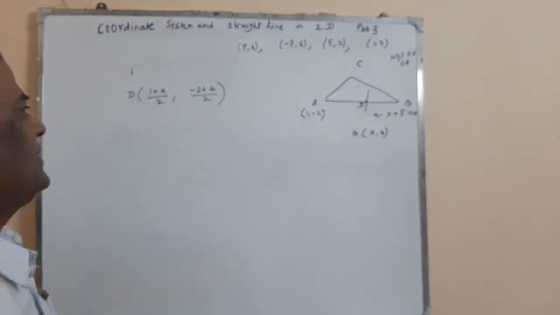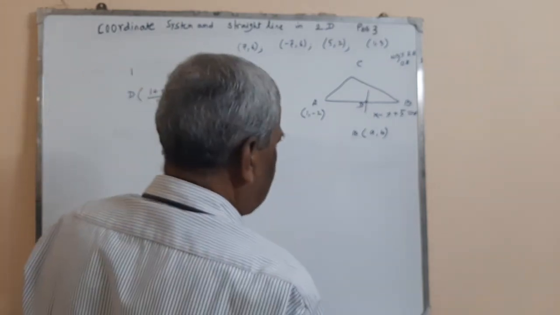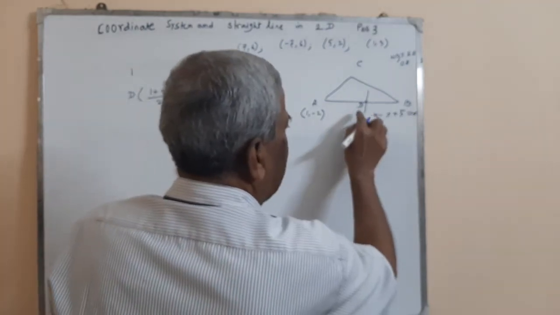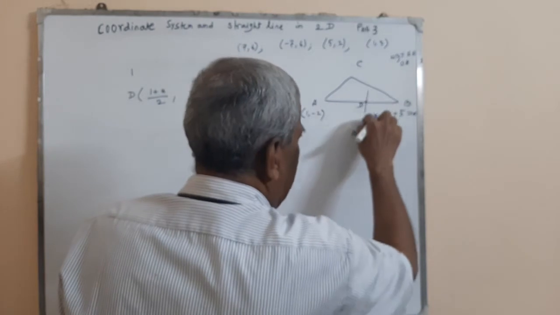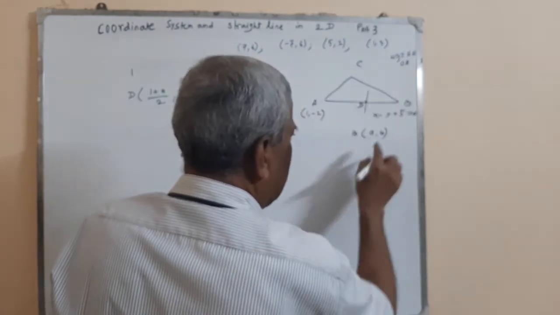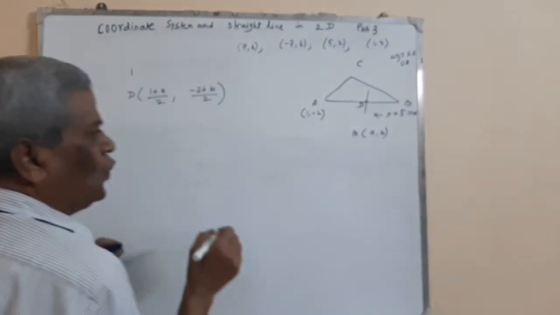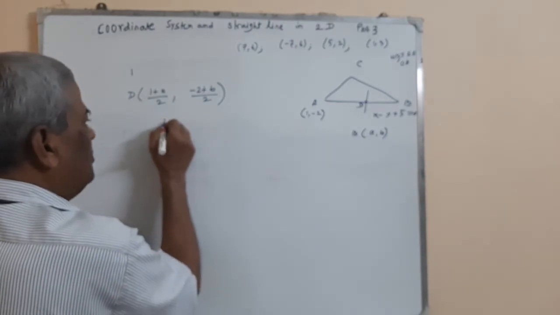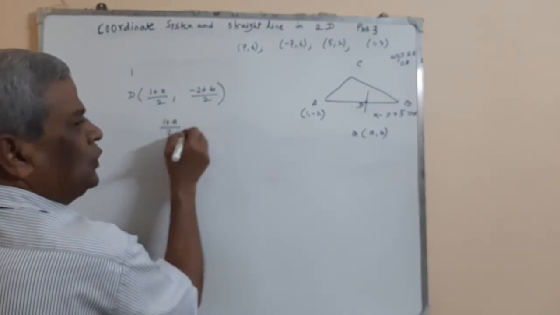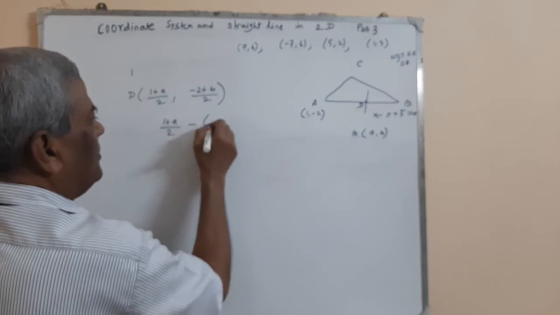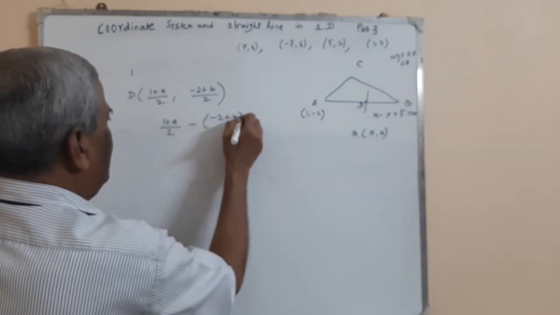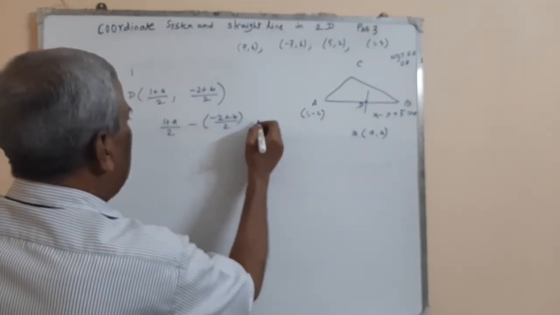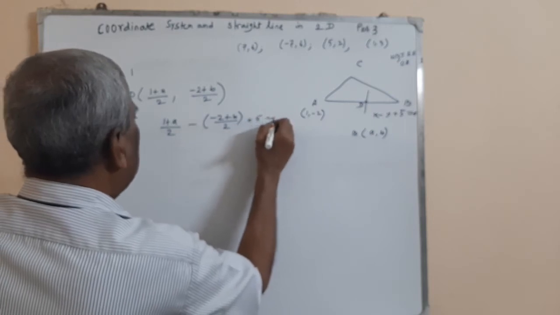That point D must lie on the perpendicular bisector, that is this. So we must have x, meaning (1 plus a) by 2, minus y divided by 2, plus 5 is equal to 0.